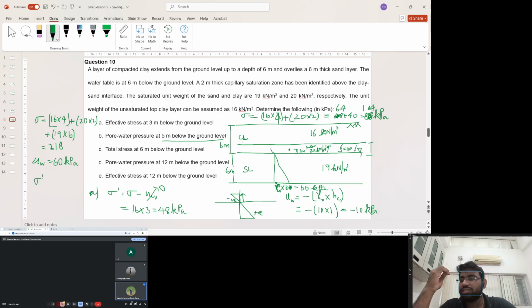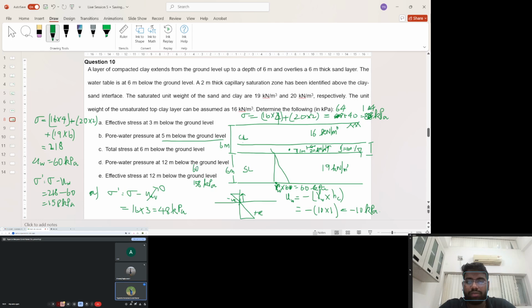Now effective stress is sigma minus u, which is 218 minus 60, which will give us 158 kPa. We have used 10, and if you calculate with 9.81, you will get some decimals, around 159 point something. So to summarize, it is 158 kPa.